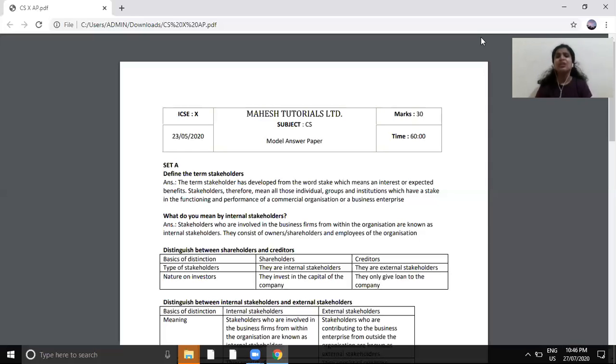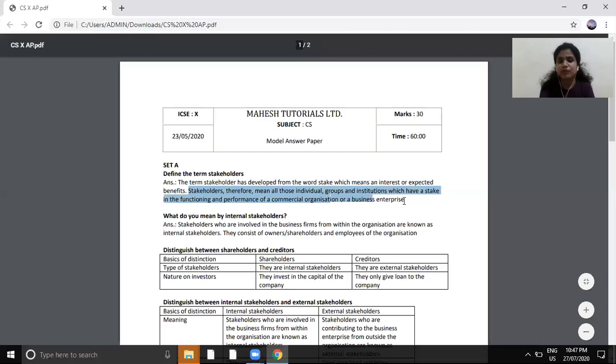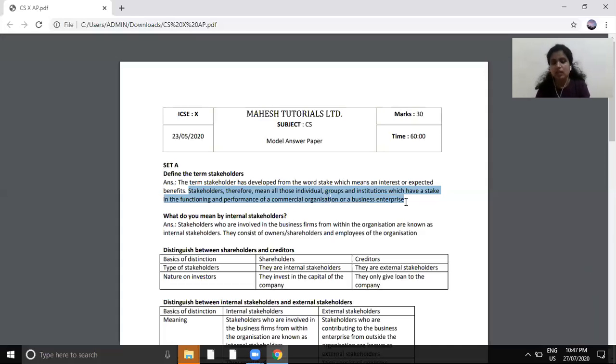Now, students, this is a question where you've been asked to write the definition. Now, since it is a definition, you have to write everything exactly the same way as it is mentioned in your textbook. Since this is the definition given in your textbook, it has to be word to word. All the words have to be there.